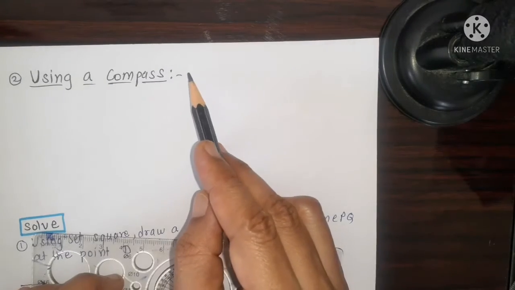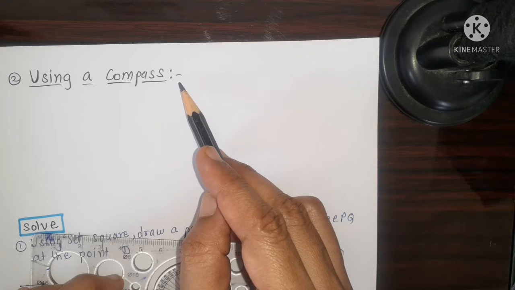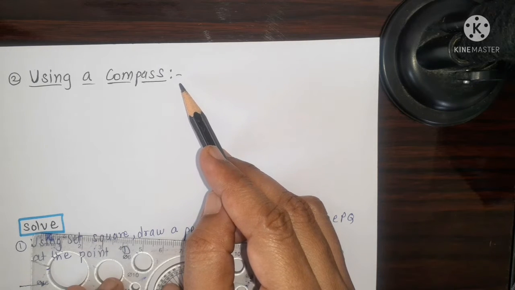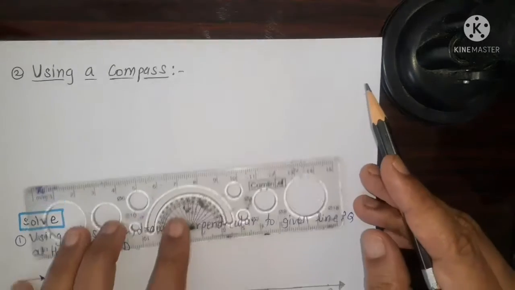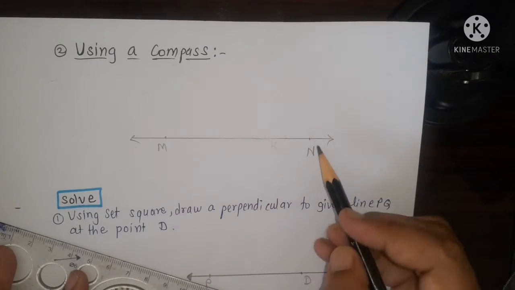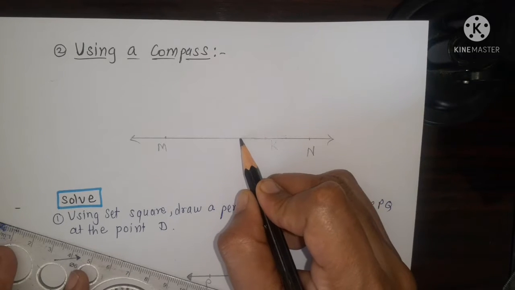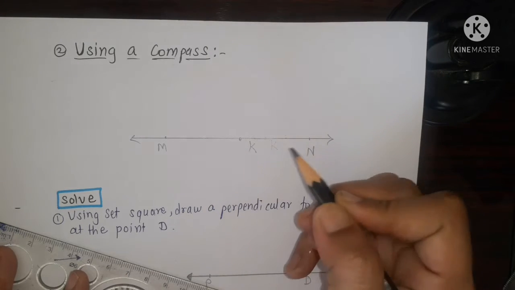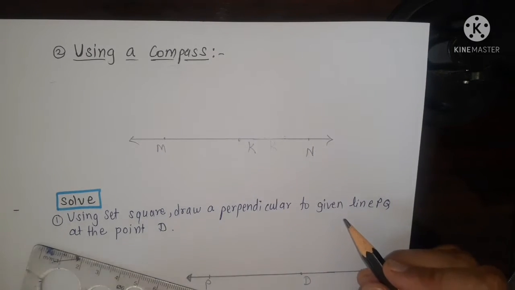Second, using a compass, we will see how to draw a perpendicular line at a point on the line. First, we draw a line, give it the name MN, and take a point K anywhere on the line.